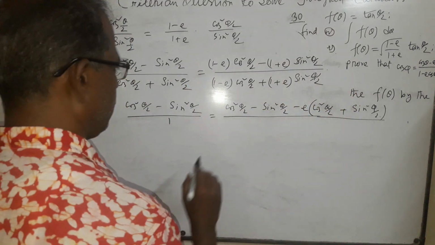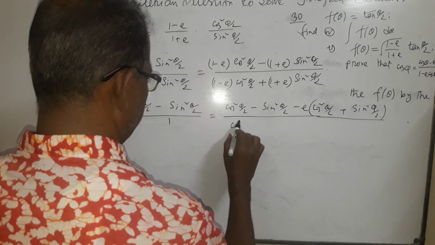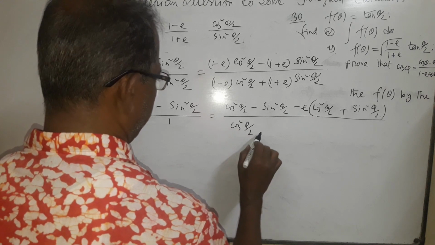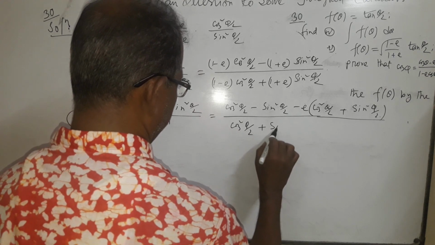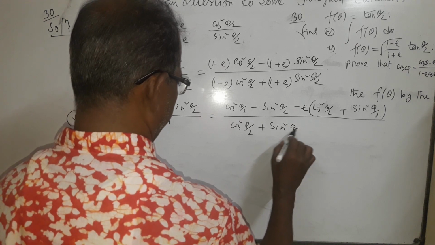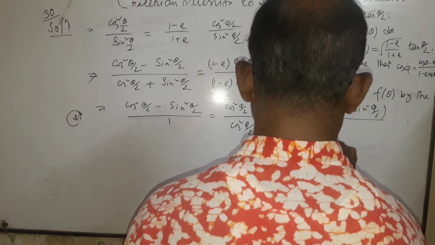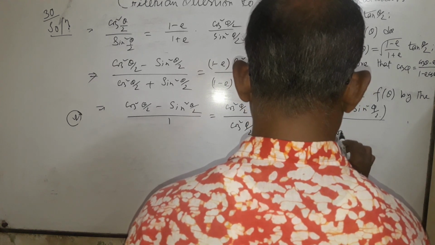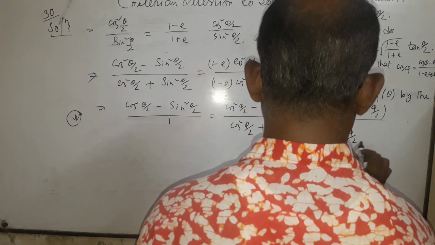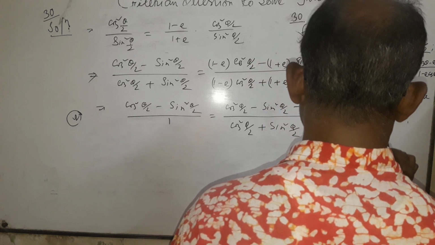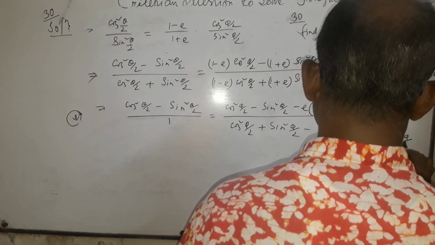That's why cos square phi divided by 2 plus sin square phi divided by 2 minus e cos square phi divided by 2 plus e sin square phi divided by 2.